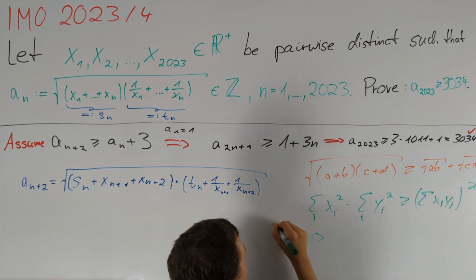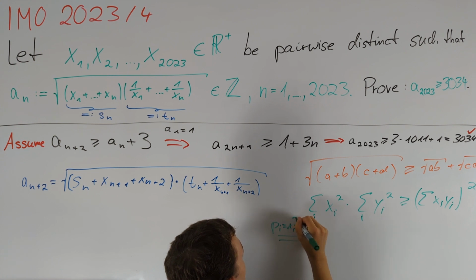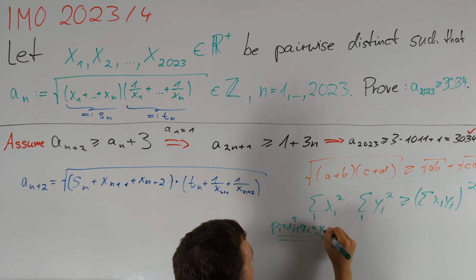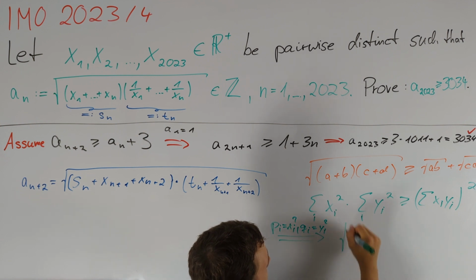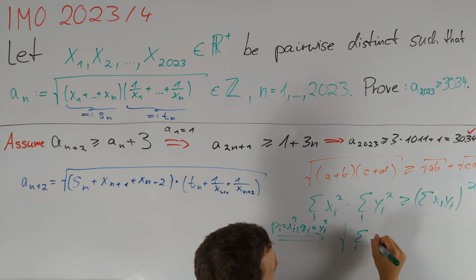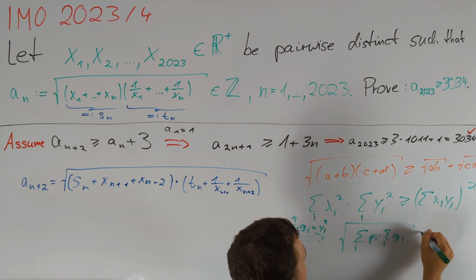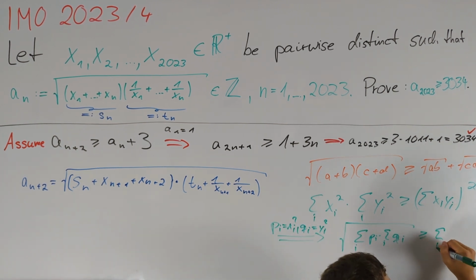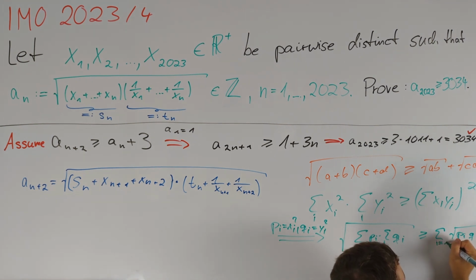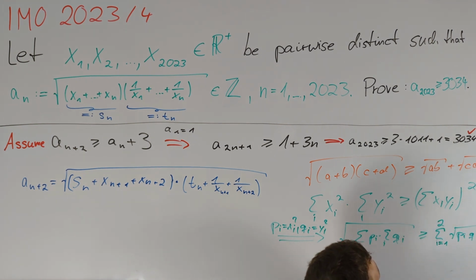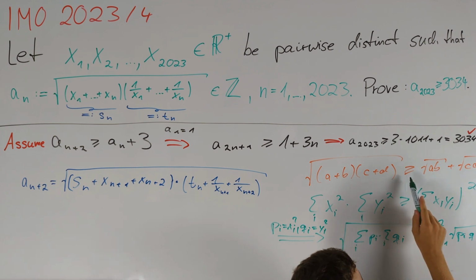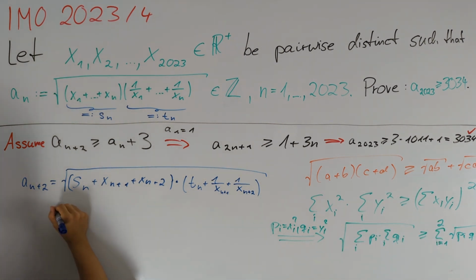Namely, defining pi equal to xi squared, qi equal to yi squared, and taking the square root on both sides yields that the square root of the sum of pi times the sum of qi is always greater than or equal to the sum of the square roots of pi qi, for non-negative real numbers pi and qi. And if we take the number of summands to be equal to 2 here, then we arrive exactly at our desired inequality.